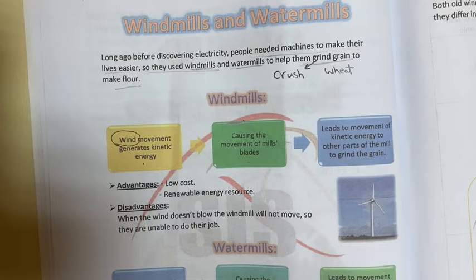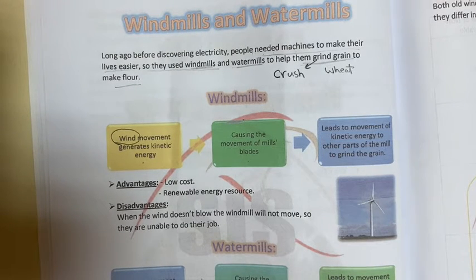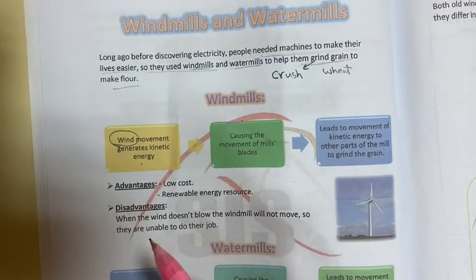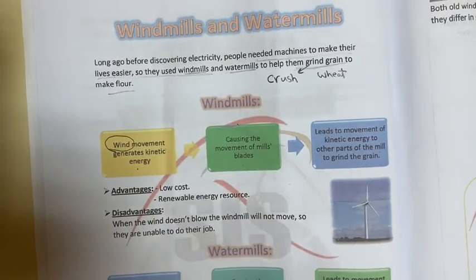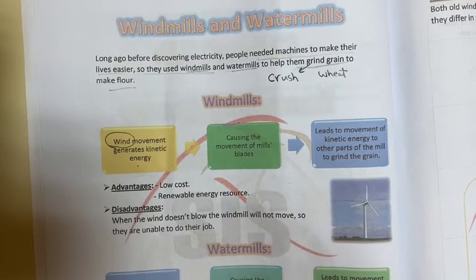From the advantages, remember the advantages means good things. From the advantages of the windmills, they are low cost, they are cheap, and also they are renewable energy resources. But think with me, what can be the disadvantages of the windmills?